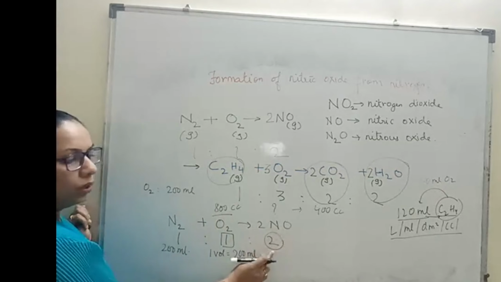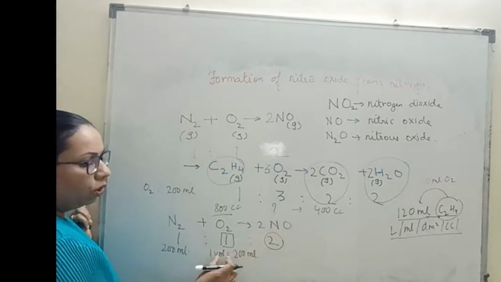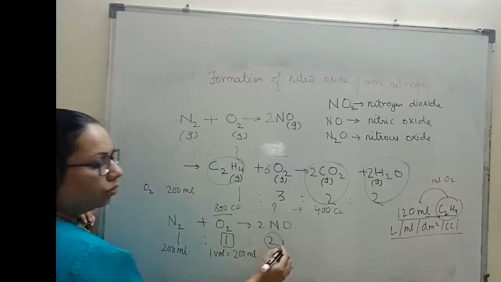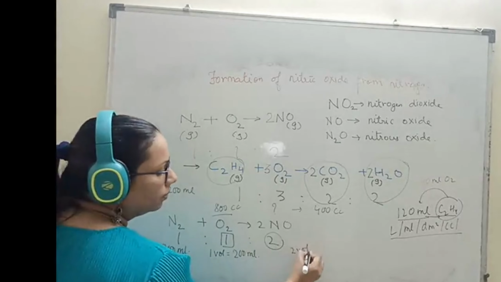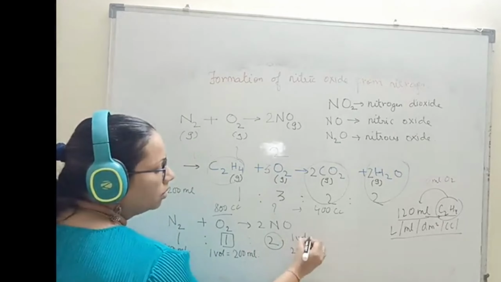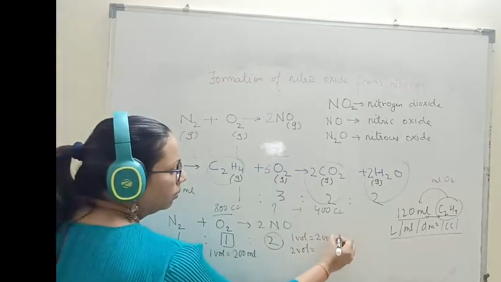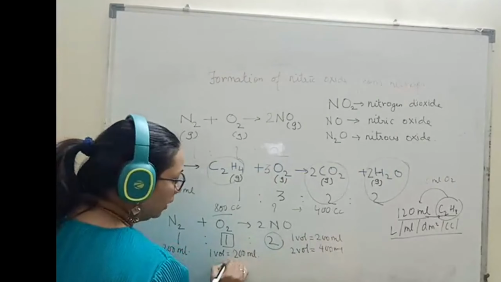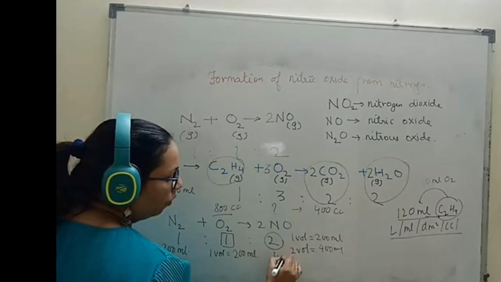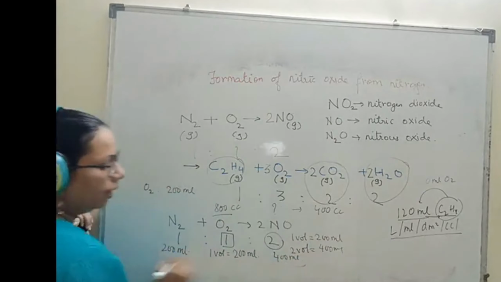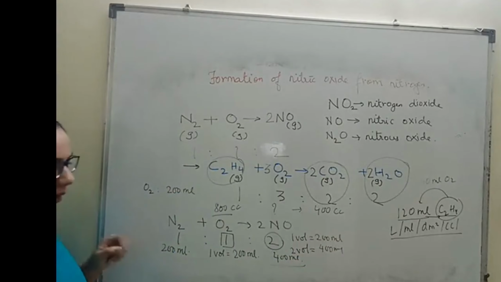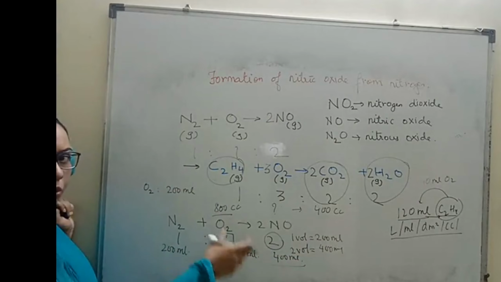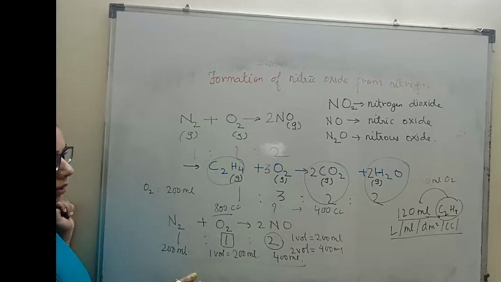It is 2 in the ratio. 1 volume is 200 ml, so tell me 2 volumes will be how much? Correct. It's going to be 400. So how much nitric oxide will be produced? 400 ml. So if you know your ratios very well and one part is given to you, you will be able to find out the remaining.